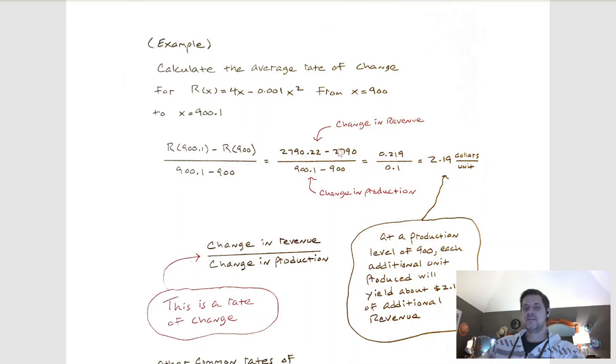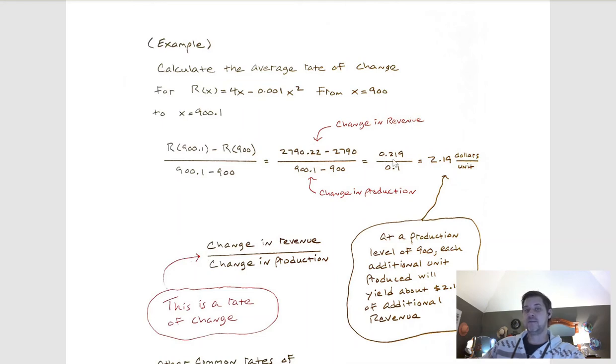So if your initial revenue is $2,790 at a level of production of 900, and it increases to $2,790.22 at this level of production, then there is an increase. What is that change in revenue?